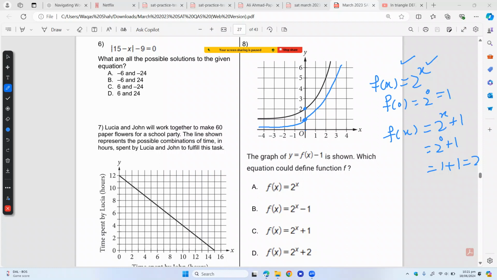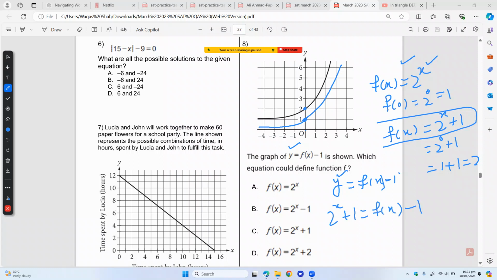So what we will do here is put y = f(x) - 1, and replace y with this function. So it will be 2^x + 1 = f(x) - 1, because y represents this function.